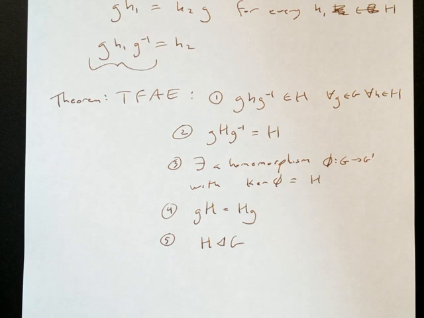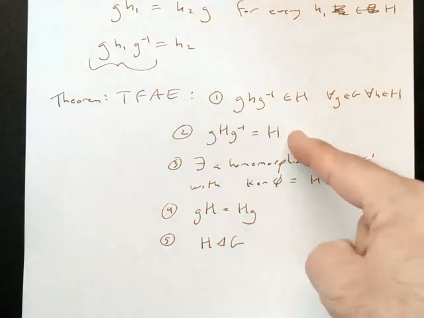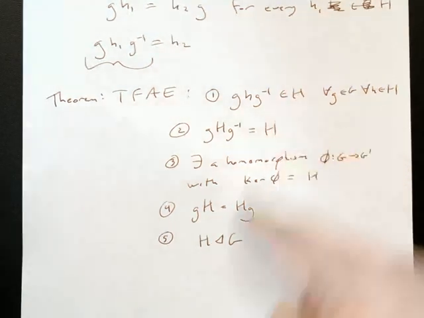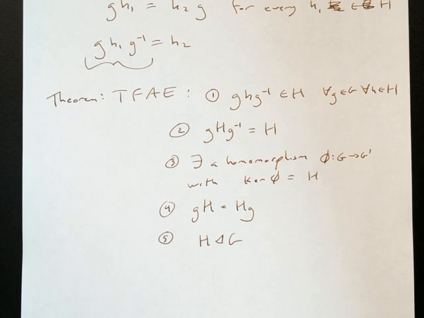And the calculation we just did up there says that putting a G on one side and a G inverse on the other side should keep me in H. These two actually help me define a new idea. Now, the calculation we did actually proves 1 and 2. 3 was part of the fundamental homomorphism theorem, and 4 is the definition.